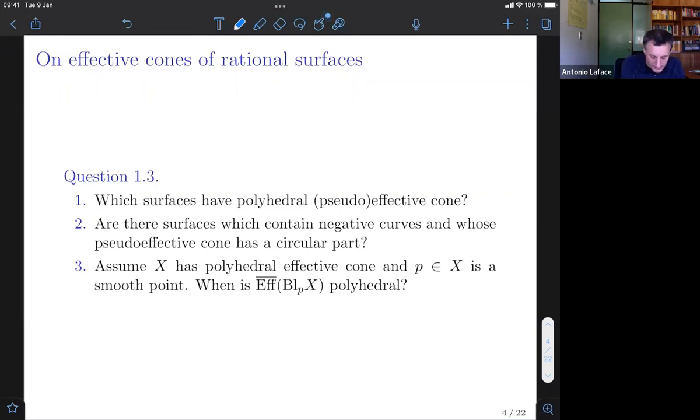And last question, very hard also: assume that X has a polyhedral effective cone, then what can we say about the pseudo-effective cone of the blow-up at one point? So I'm going to say something about the three questions, but without any complete answer.